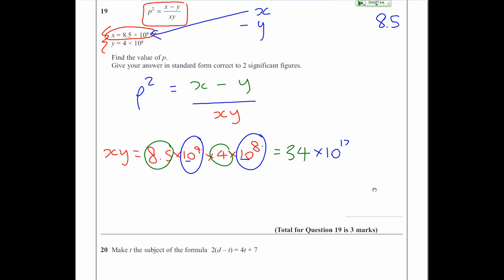Now the 9 means that you move it to the left 10 times because you're timesing by 10 9 times. So what we're going to do, imagine we've got an infinite supply of zeros around.